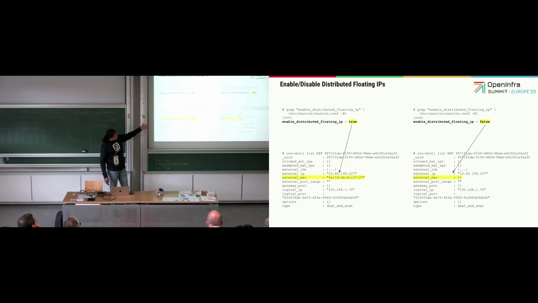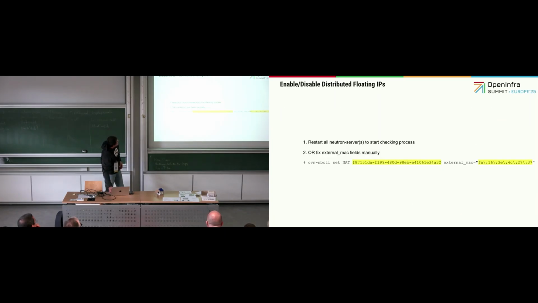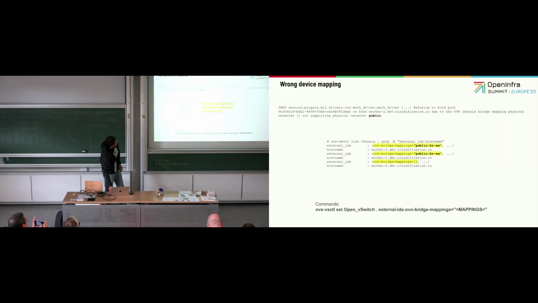If you remove it, it will be the opposite. This setting actually works everywhere. It's one for the config, but during the process when you decide to move to DVR, you sometimes have to fix it manually. But again, if you can, shut down the Neutron services. Here I give you an example of how it can be set up in the table.